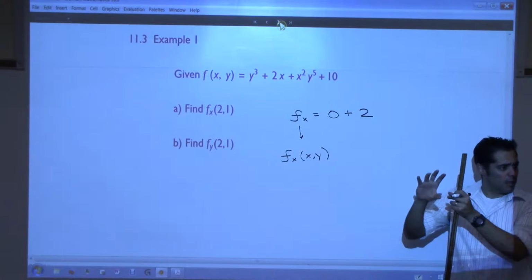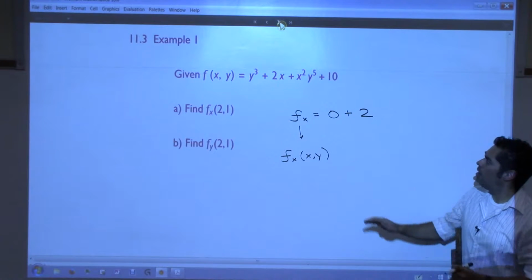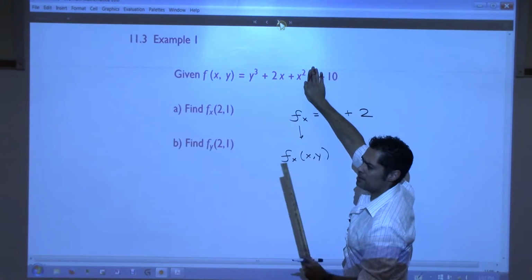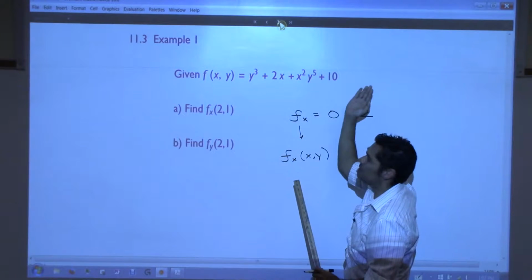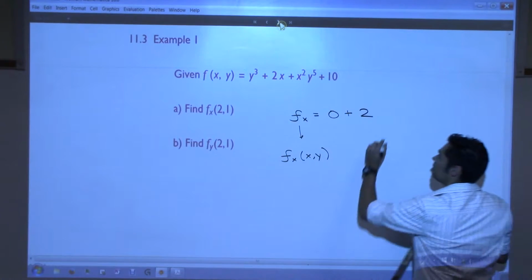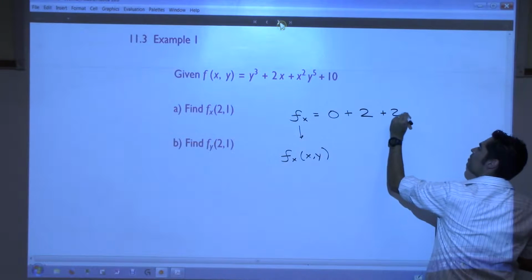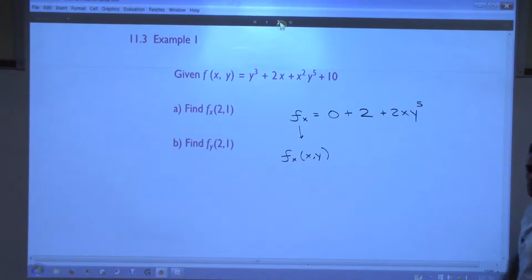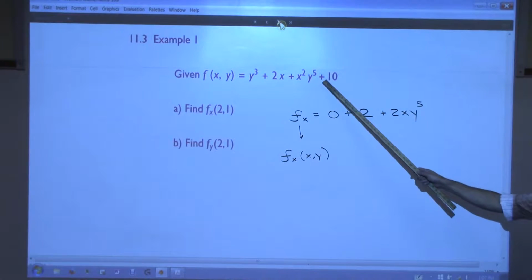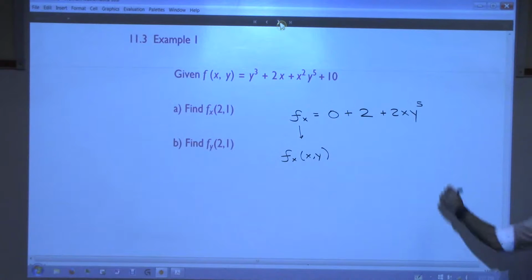It just comes with you, right? It just comes for the ride? So I'm just going to cover up the y to the 5th and just ask myself, what's the derivative of x squared? 2x, but then times the constant. So I'm going to write, what? 2x, and then y to the 5th. Questions? Plus 10, derivative of 10, 0.